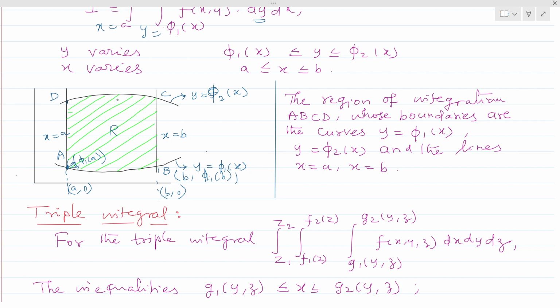Similarly, we can write the points D and C. Point D is a comma pi 2 of a. C value is b comma pi 2 of b.